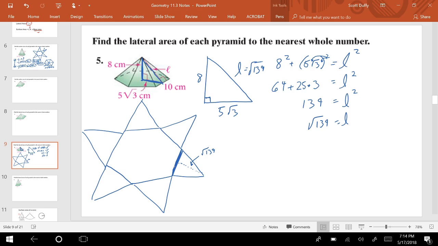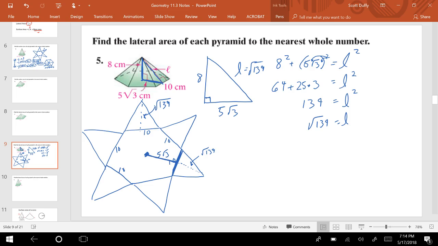The base of one of those triangles is 10, and all of those heights are square roots of 139. And we know that the distance from the center to the midpoint of one of the edges is 5 times the square root of 3.